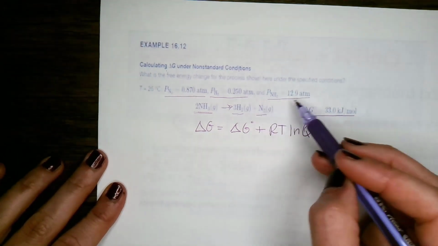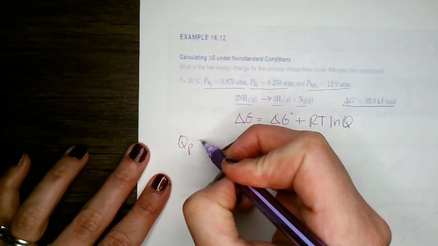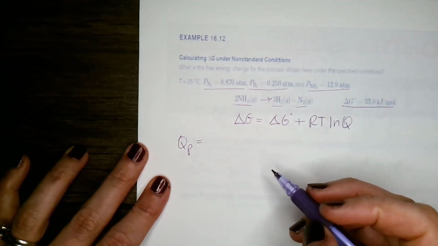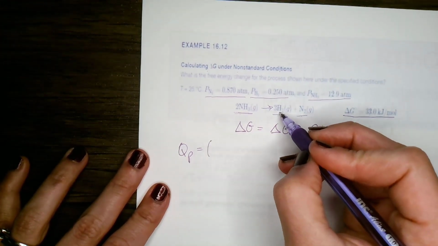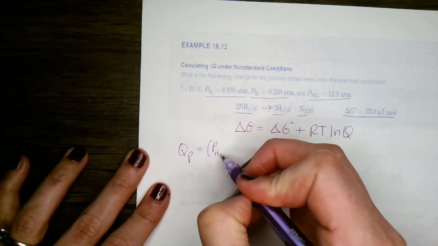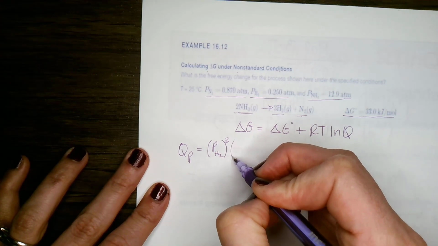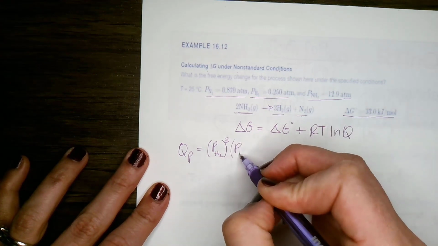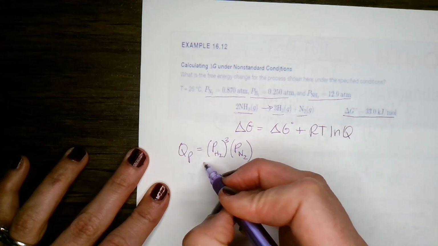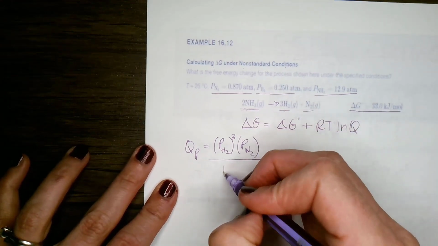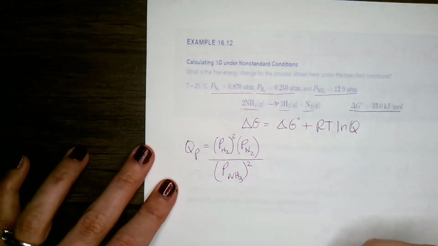And since we're given all of our values in atm, we're going to set up our Q for pressure. And again, we're going to do products over reactants. So I'm going to do the pressure of H2 to the 3rd power times the pressure of N2 to the power of 1 over the pressure of NH3 squared.